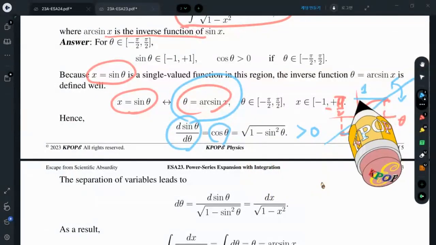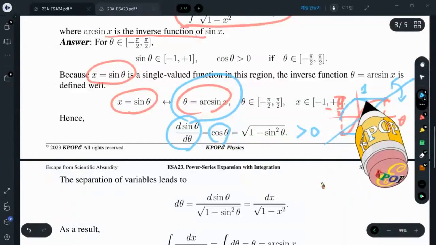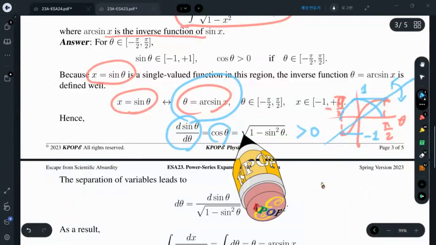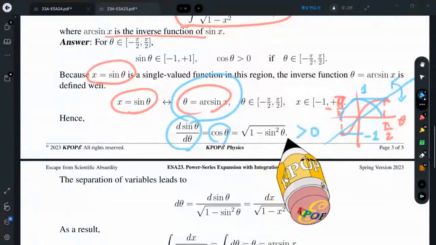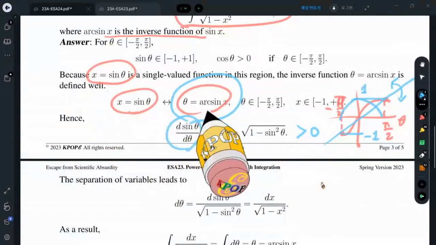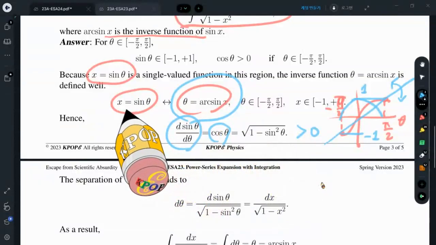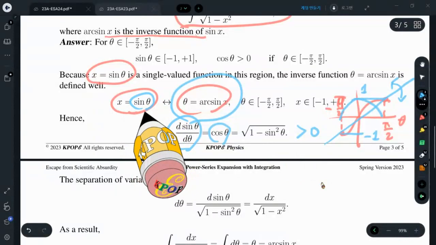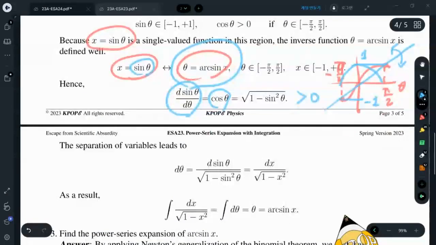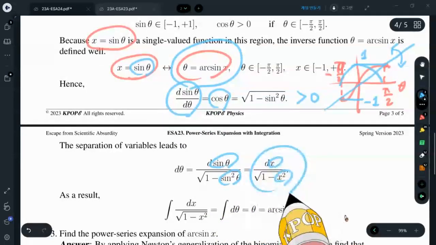All right, so cosine can always be expressed as the square root of 1 minus sine squared. Now, let us make use of this relation. Sine theta is x, so replace every sine theta with x. This is x. This is x squared.